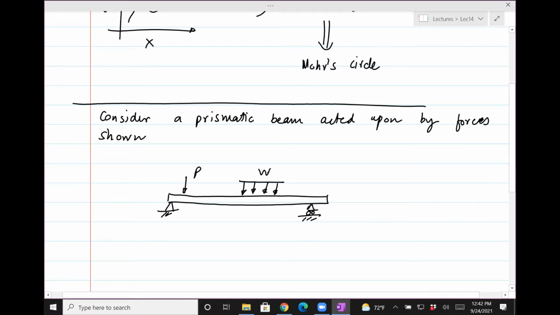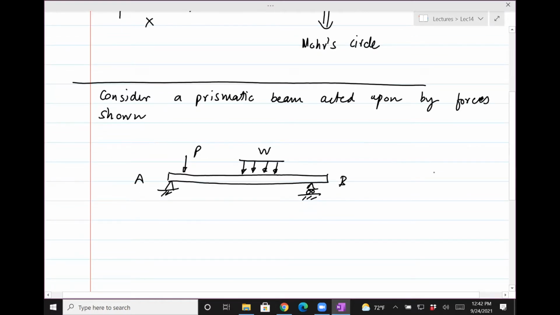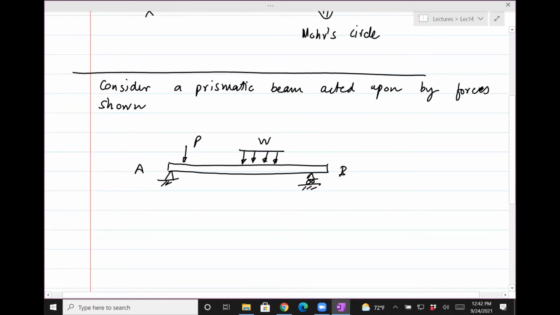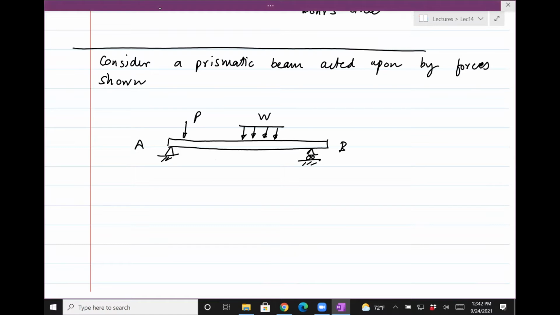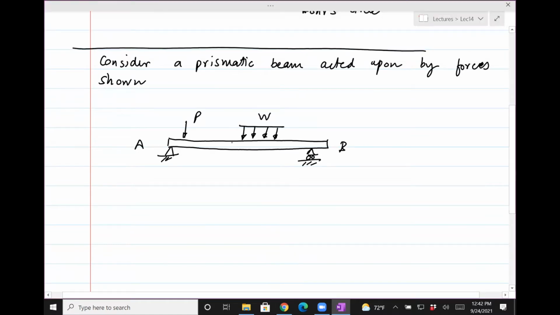So I'm putting some random loading on a beam. And what we do, just like the previous section, is choose a small element of the beam and then blow it up.